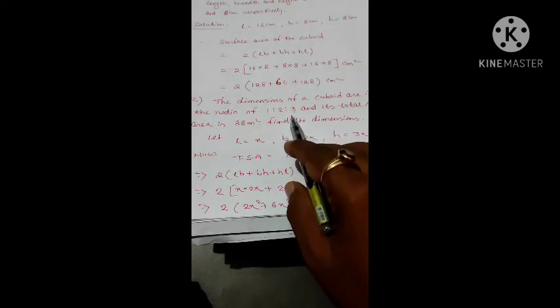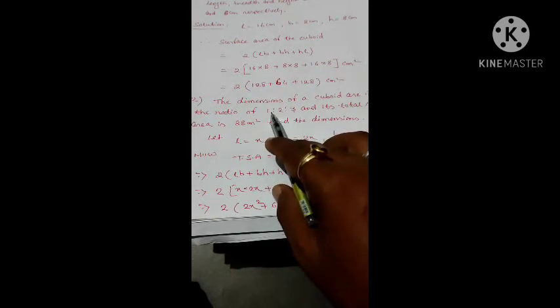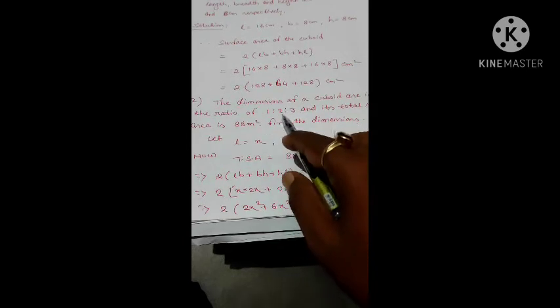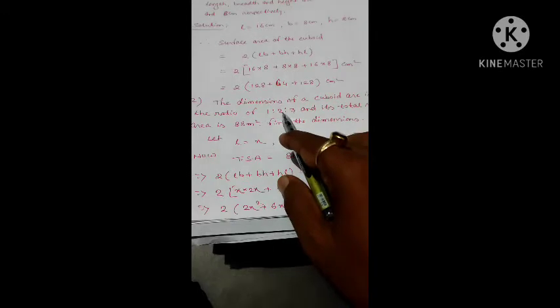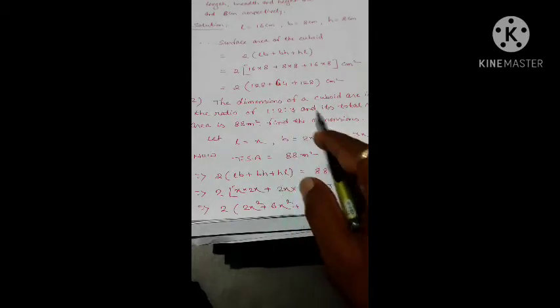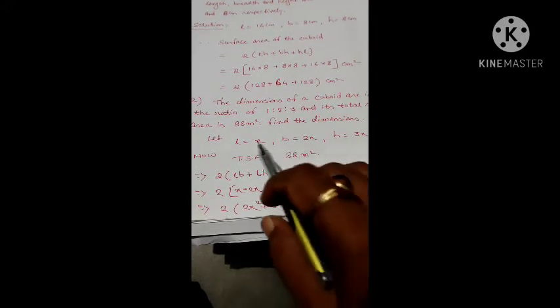Ratio. If it is given in terms of ratio, what do we have to do? We have to assume that this is the length, this is the breadth, and this is the height. So length is suppose 1x, breadth is 2x, and height is 3x. Whenever a ratio is given, this is the way we write it. So we got the values of length, breadth, and height as per our assumption.